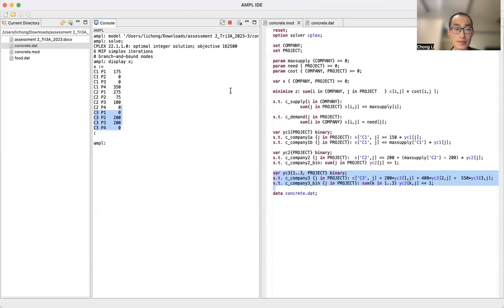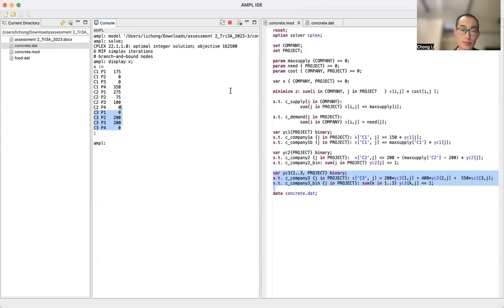For further explanation, for example in the special question, explain the constraint for the company when the binary variable and the two constraints work together.